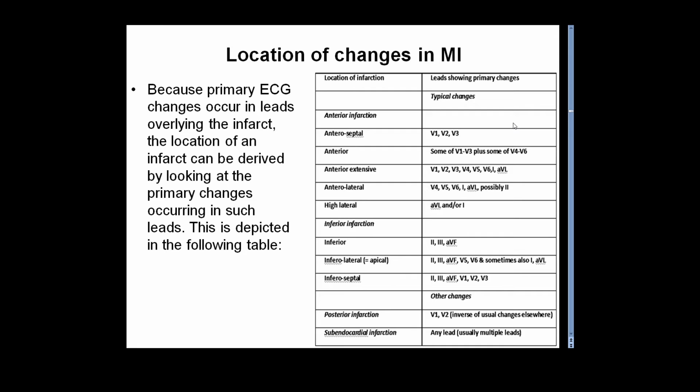Inferior MI: II, III, aVF. Inferior lateral: plus V5, V6. Inferior septal: plus V3. Lead I and aVL are characterized by changes of the anterior wall.